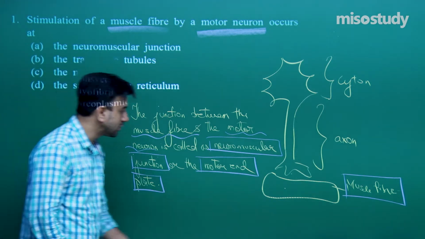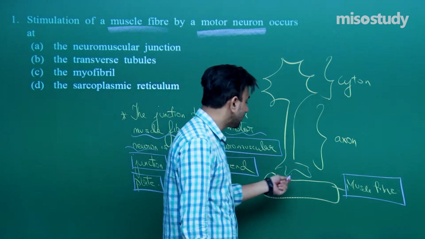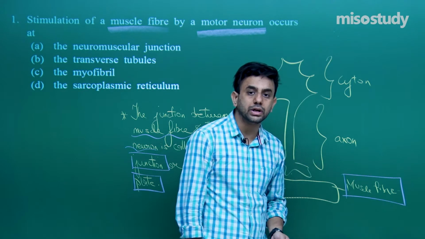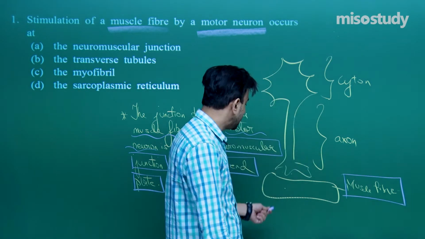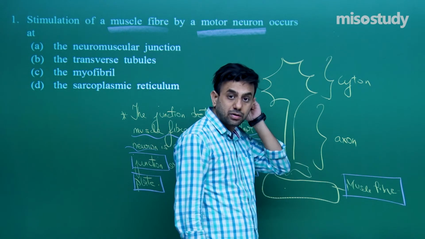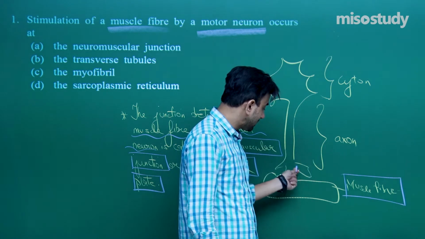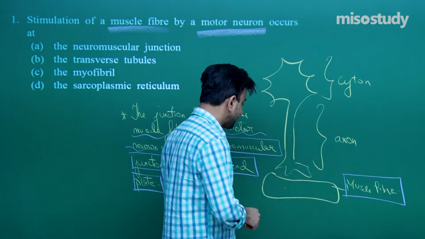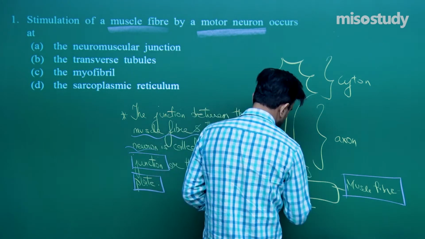What we will see here is the release of a chemical called acetylcholine at the synaptic space over here. This is called the synapse.